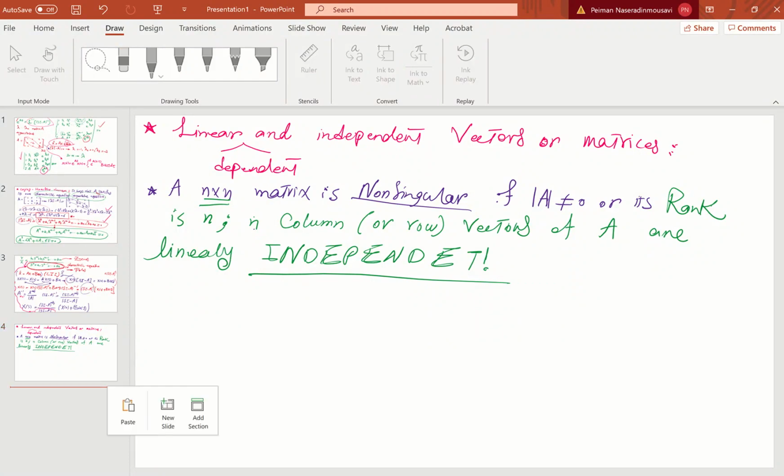Now, I'm pretty sure that you know about linearly independent vectors, right?